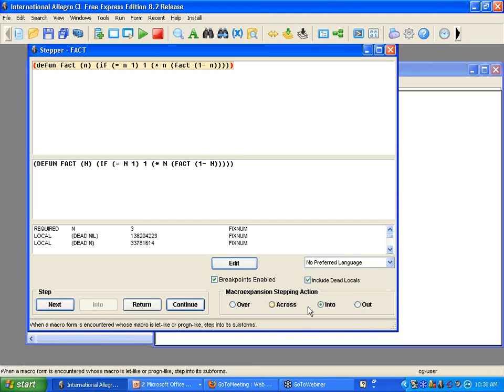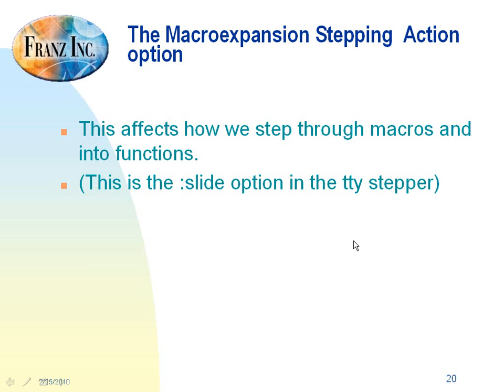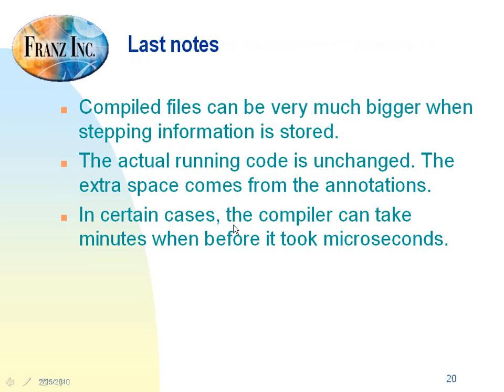Into is the normal one, which just says display the macro expansion and then step through it. But you can have other options. We're not going to go into that here because there's sort of enough information already. In the TTY, this is done with what's called the slide option.